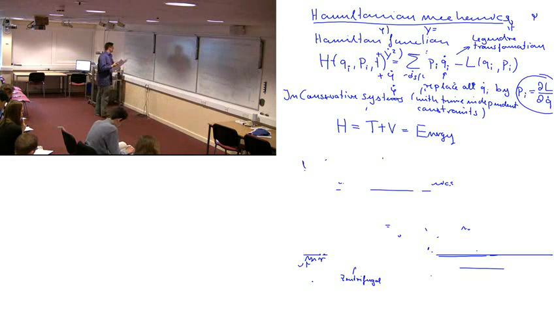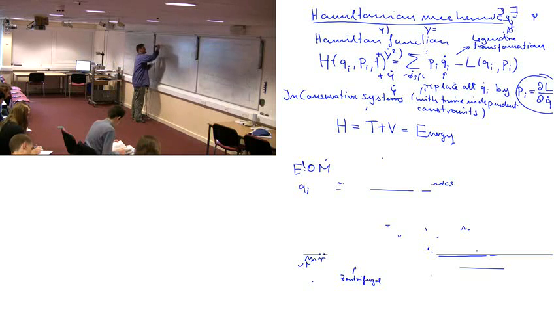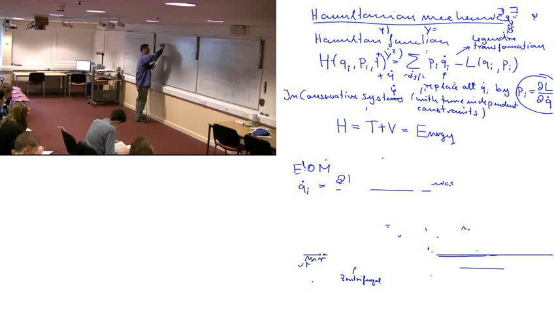To conclude, let us look at the equations of motion in Hamiltonian mechanics. The equations of motion are, again, given basically in form of time derivatives of certain coordinates and partial derivatives of the Hamiltonian function.